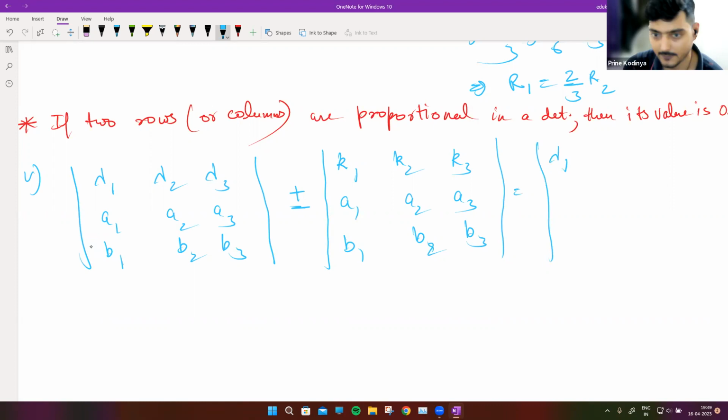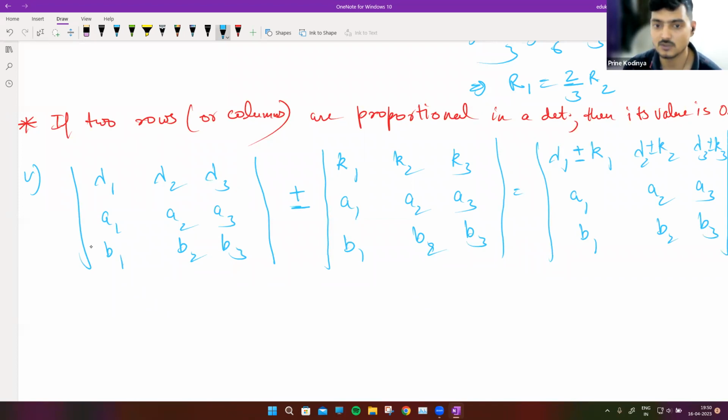So if we are adding them, this will become plus. If we are subtracting them, this will become minus. And this is similar, A1. This remains the same. No change in this. No change.